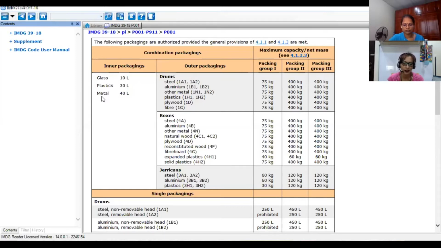IBCs also are stuffed into containers. In these columns, the code prescribes that they have to follow a certain construction requirement. The code also prescribes that after they have been constructed, they must go for performance testing, which is actually the part 6 that I will be touching on.